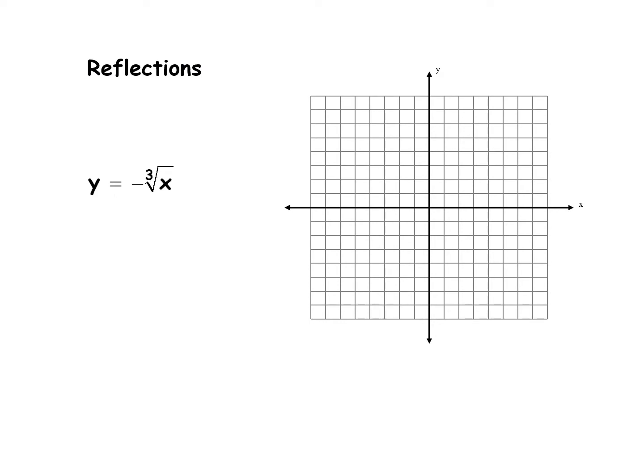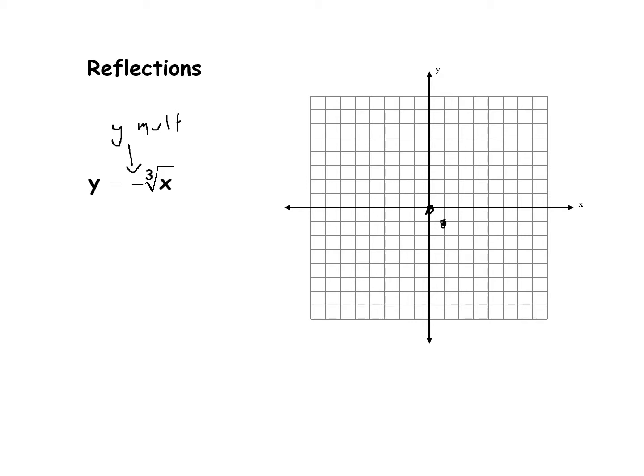And reflections. So once again, remember I call this a y multiplier. It's going to take all of my y's and multiply them by -1. So 0, 0 would still be my starting point. Normally I'd go over 1, up 1, but now I'm going to go over 1, down 1.